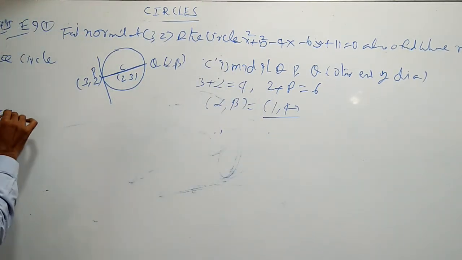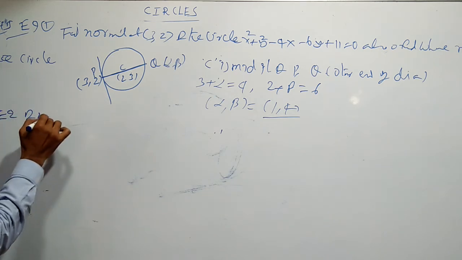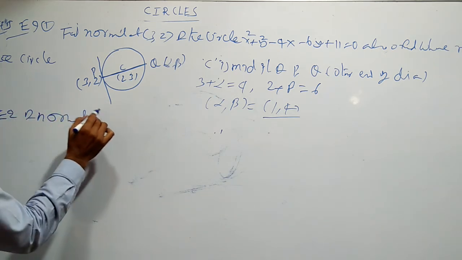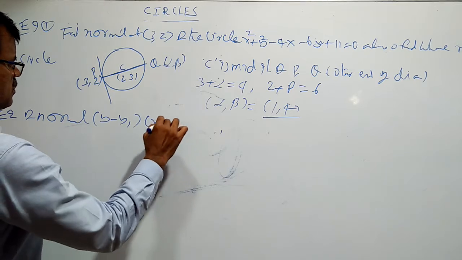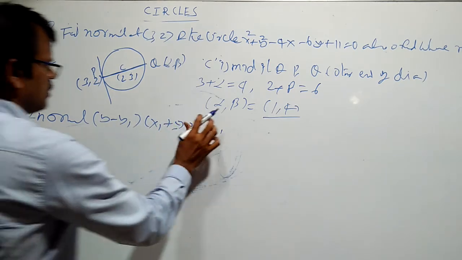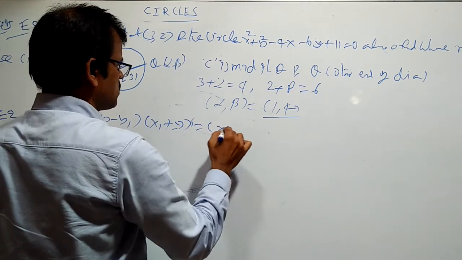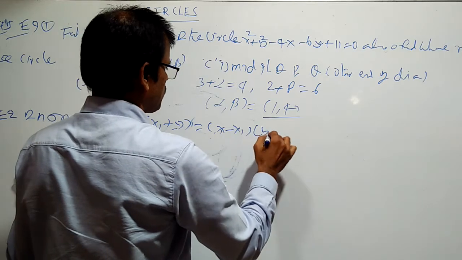Once again we can write the formula. Equation of normal: (y minus y1)(x1 plus g) is equal to (x minus x1)(y1 plus f).